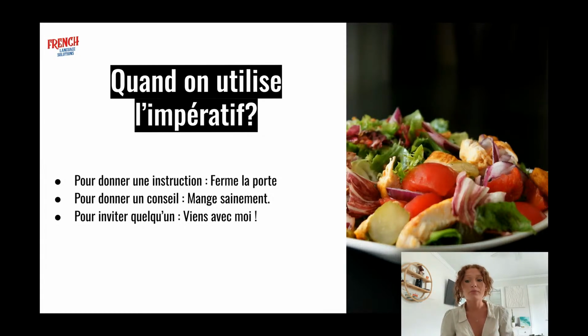Mange sainement, eat healthy. Ou pour inviter quelqu'un, to invite someone. Viens avec moi. All of those, different types of phrases, different meanings, but same base, same construction, and same tense. Impératif. Ferme la porte, mange sainement, viens avec moi. All of those are imperative.